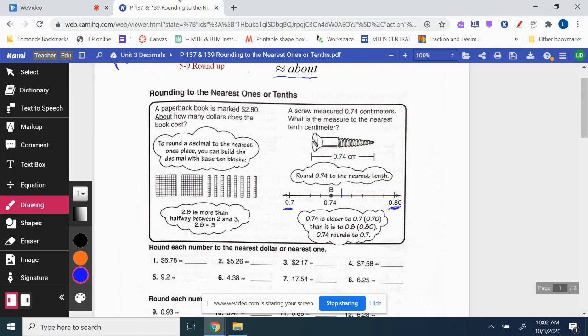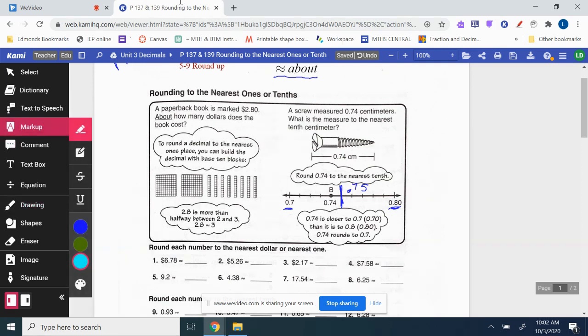And right here is 0.75. And anything in this blue zone, we're going to round up to that 0.8. But anything in this green zone, we're going to round to that 0.7.